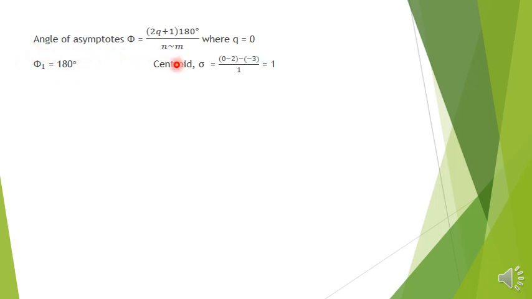So the centroid sigma equal to the sum of the open loop poles minus the sum of the open loop zeros divided by (n minus m). So (0 minus 2 minus 3) divided by (2 minus 1), that is 1, that is this. So it is terminating in the direction of 180 degrees.